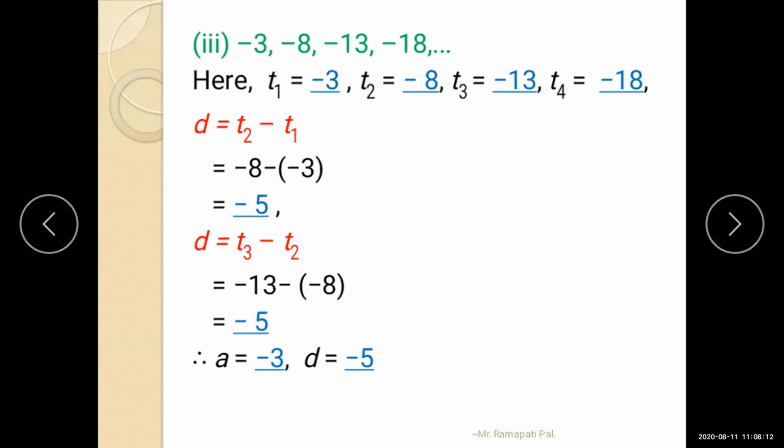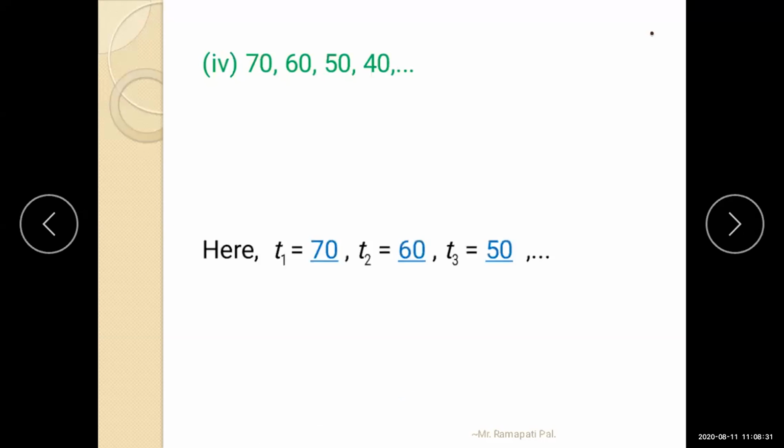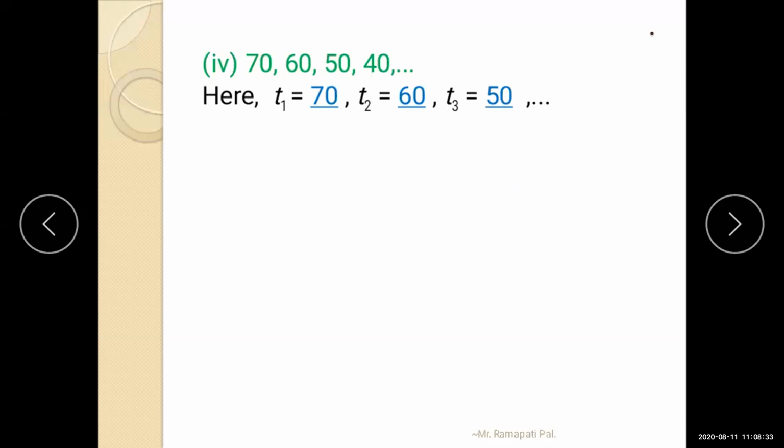Now we are going to see our fourth question. That is 70, 60, 50, 40. Correct? Now we will write what is T1, T2 and T3. T1 is equal to 70, T2 is equal to 60, T3 is equal to 50 and so on.